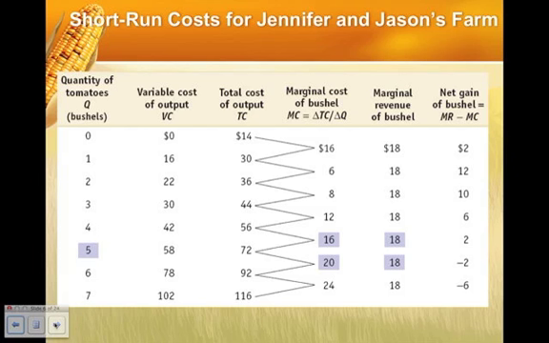So let's look at Jennifer and Jason. We can review how to apply the optimal output rule in this table. The second column contains the farmer's variable costs. The third column shows its total cost of output, based on the assumption that the farm incurs a fixed cost of $14. Notice that at 0 bushels it's still $14, because that's fixed.